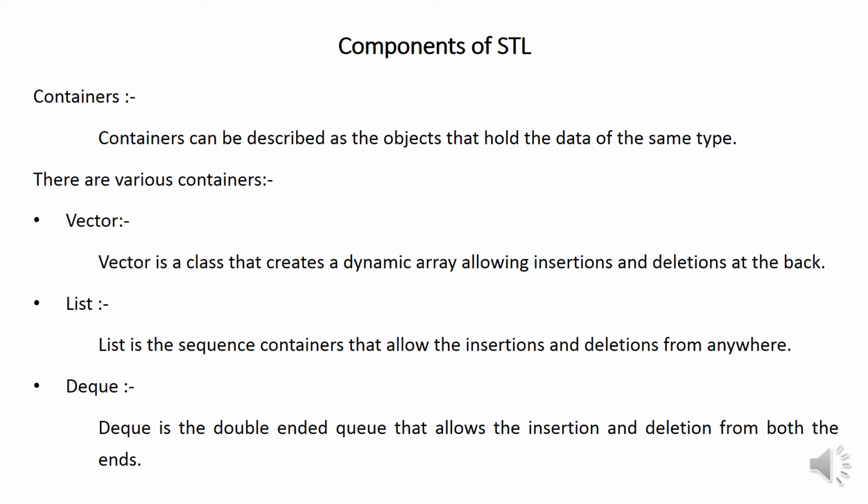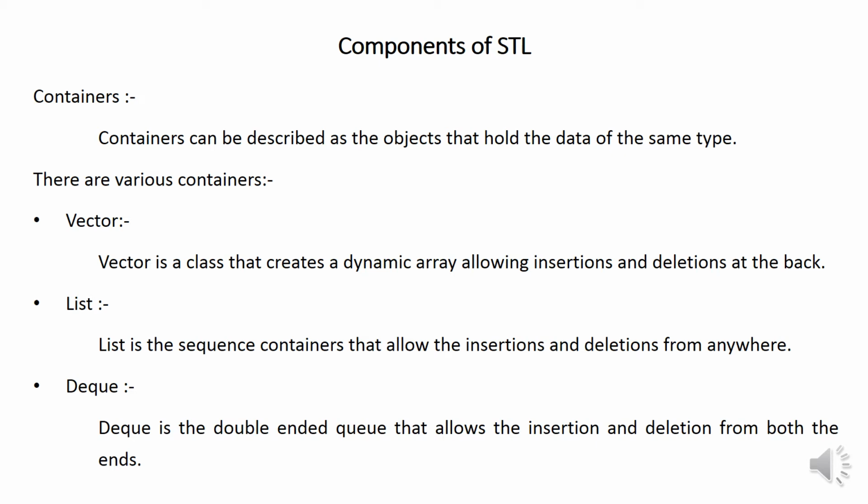There are various types of containers. First one is vector. Friends, vector is a class that creates a dynamic array, and it allows elements to be inserted into and deleted from the vector at the back of that vector.